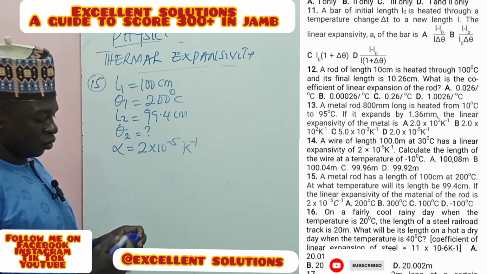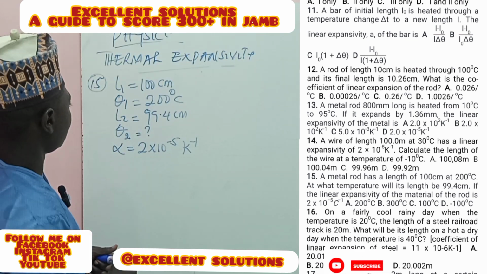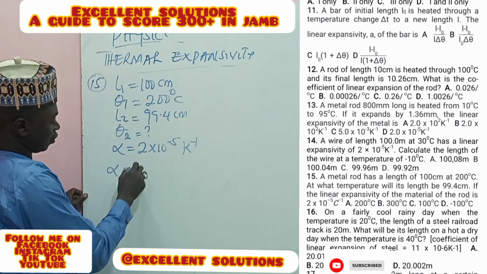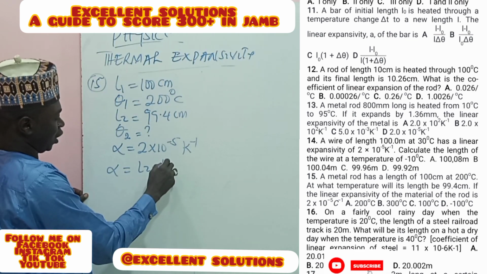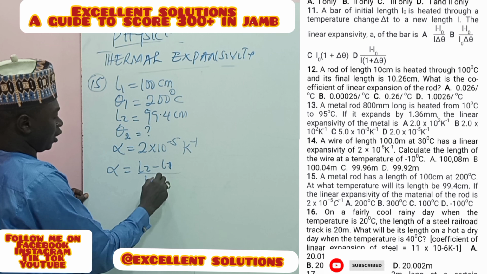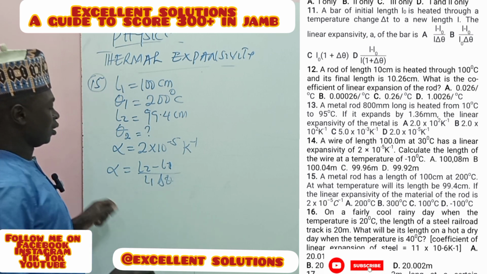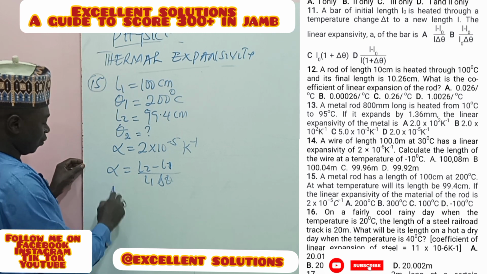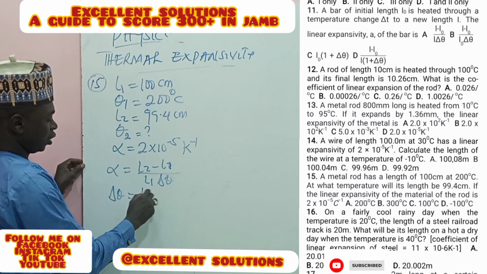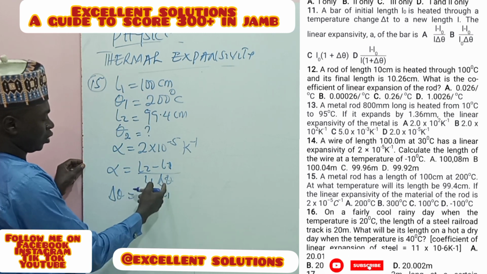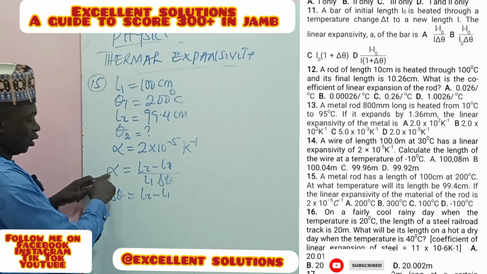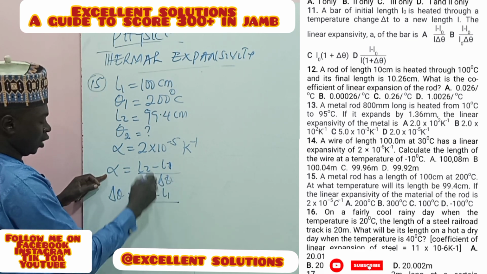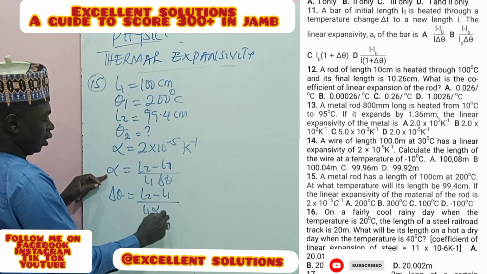per Kelvin. So first thing we need to look at here, we know that alpha equals L2 minus L1 over L1 delta theta. If you make delta theta the subject, we are going to have delta theta equals L2 minus L1, we just take delta theta and bring it here and bring alpha to its place, over L1 alpha.